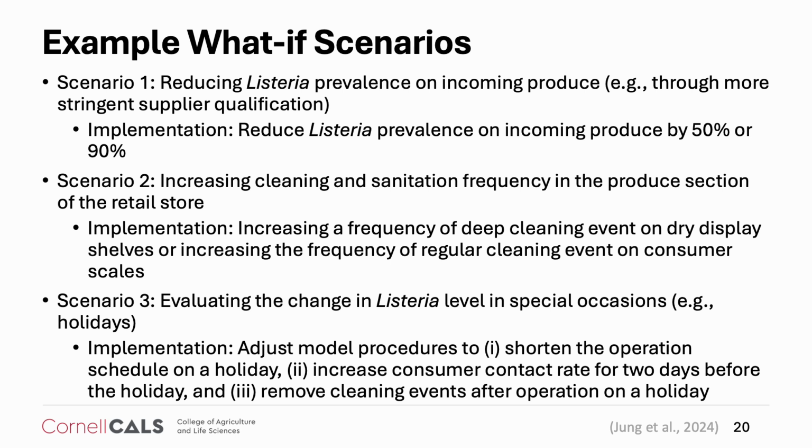So ABM can account for all these changes to see how the agents might interact differently, or how pathogen transmission might change over time simultaneously. So it could be really useful when trying to simulate a real-life scenario.